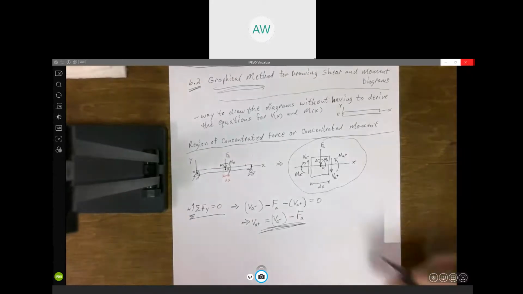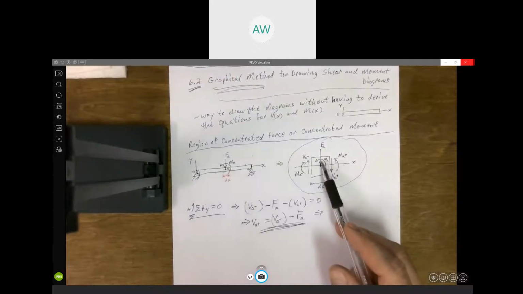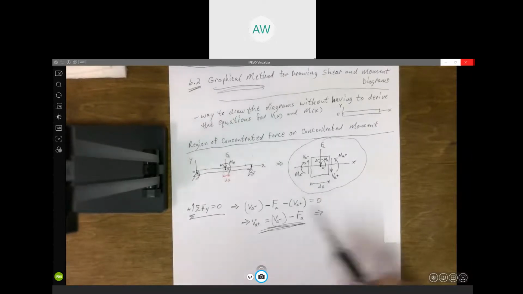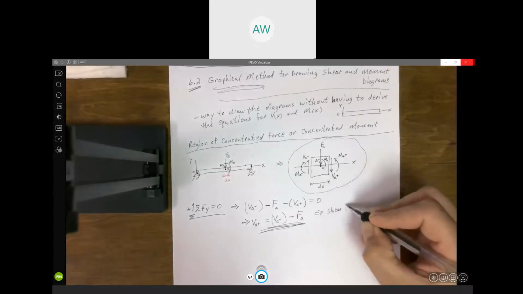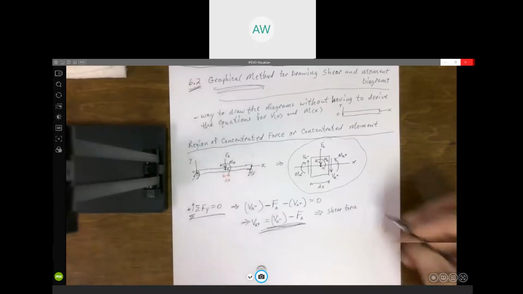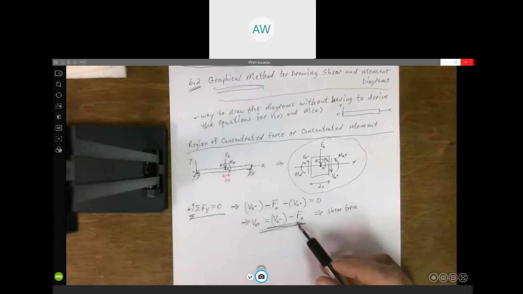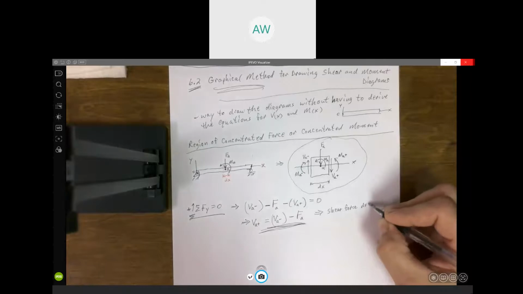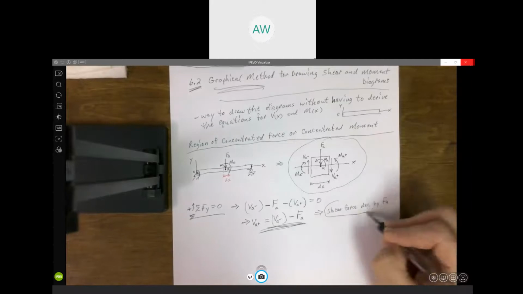So what this tells me is the shear force just after this applied load is equal to the shear force right before that applied load minus that applied load. If you're talking about the diagram, it's going to go down because it's going to decrease. We're subtracting that applied load. So the shear force is going to decrease by whatever that applied load is.